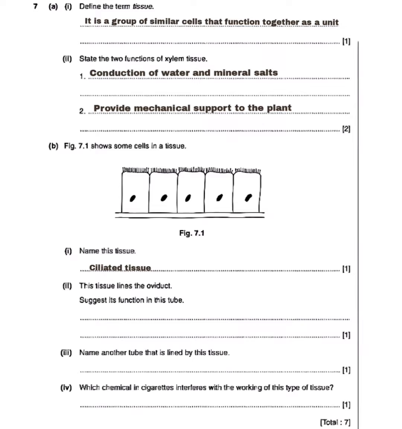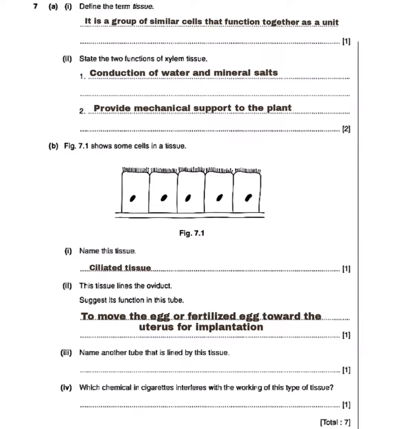So the function of the ciliated tissue in the oviduct, or the fallopian tube, is to move the egg or the fertilized egg toward the uterus for implantation.